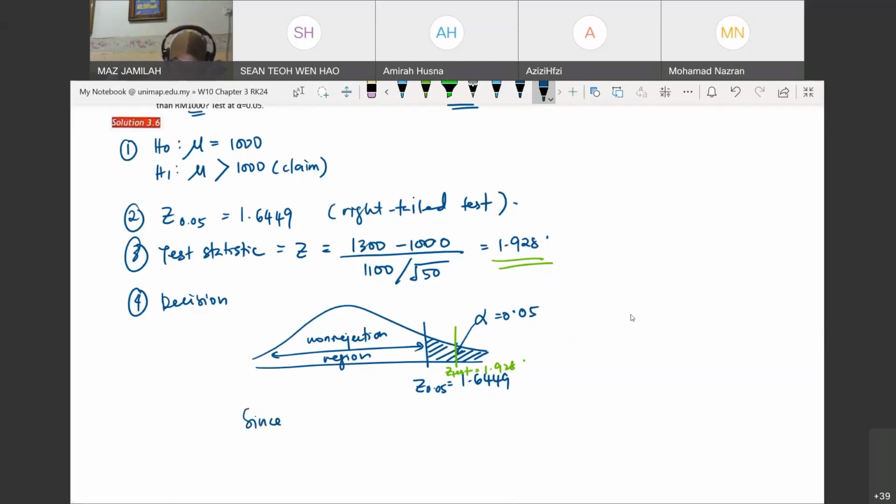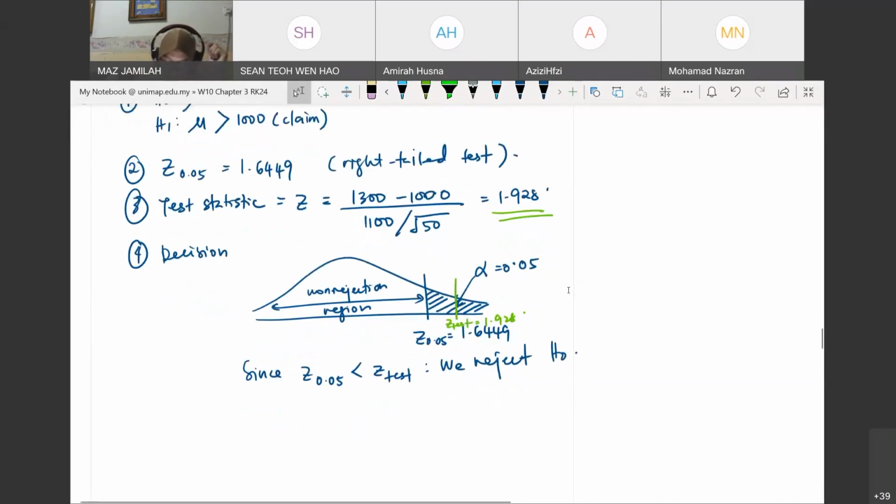Since Z 0.05 is less than Z test, then we reject the null hypothesis. So that would be your decision.